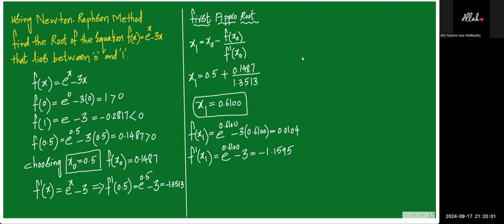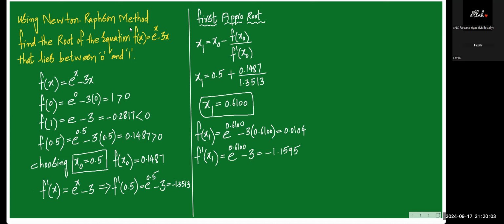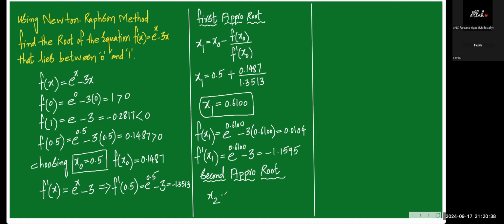This is what we got as the first approximate root. Now look at that. We have to go for the second approximate root. Better we start from here only. Second approximate root, that is x2 is equal to. How will the formula change?